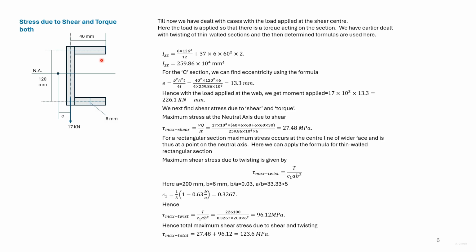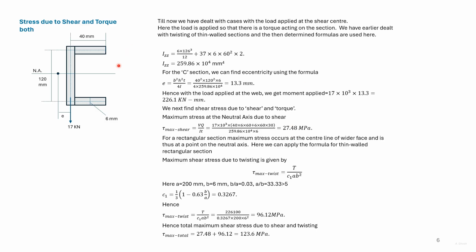We next find out the maximum shear stress acting due to the shear force. This will be at the neutral axis. So we use VQ by It. Q is of this horizontal portion and this vertical portion here. Substituting other values, we get the maximum shear stress due to the shear.